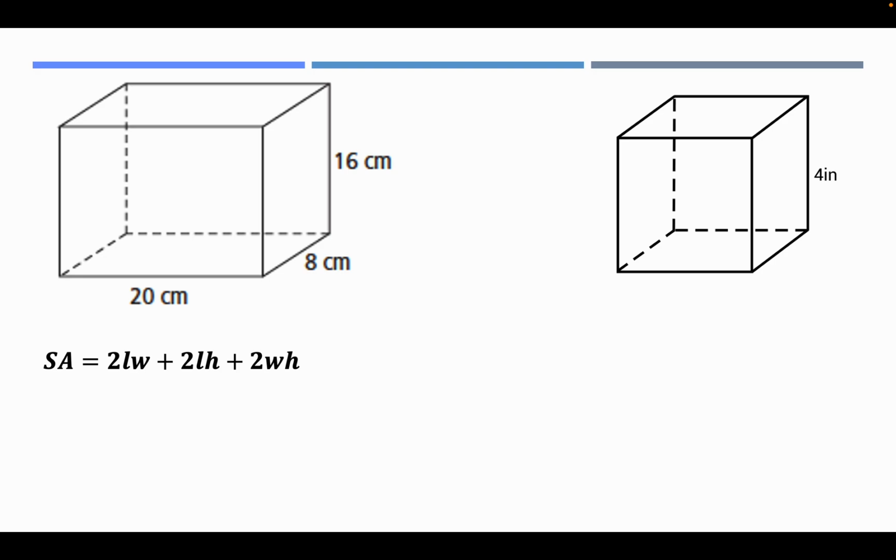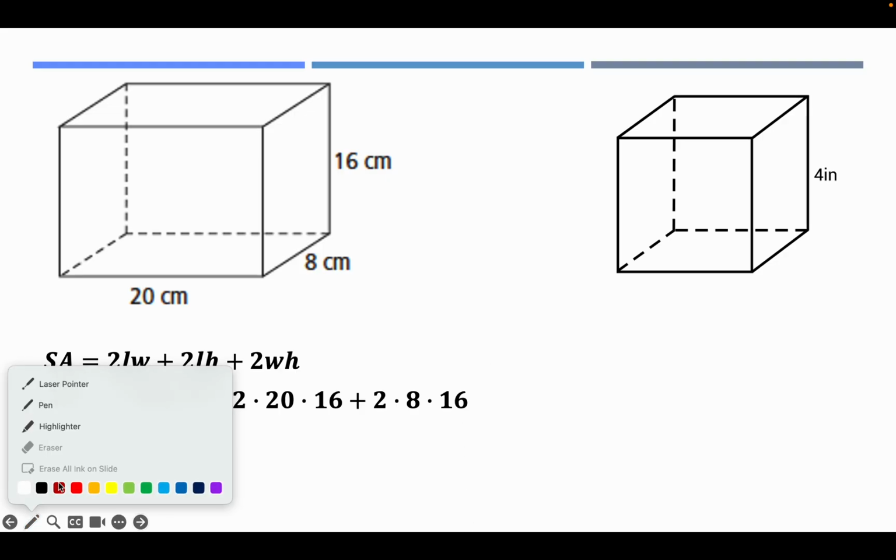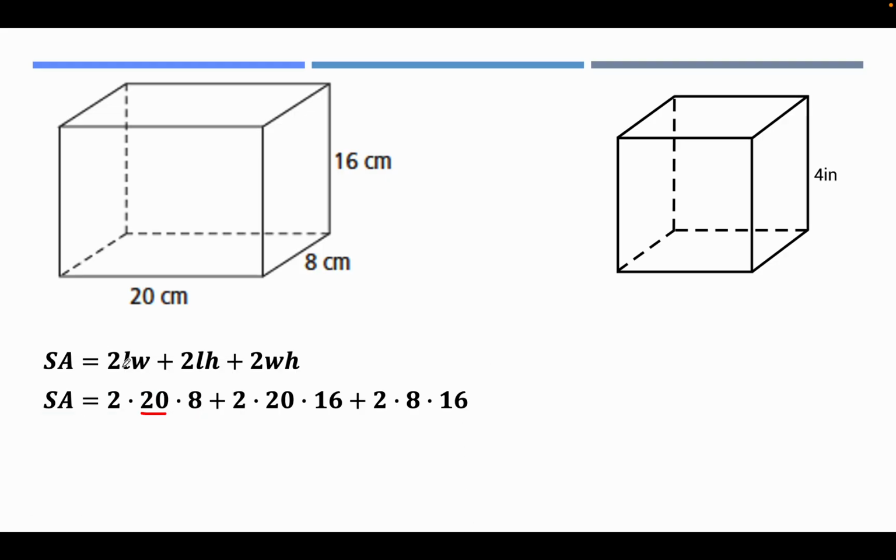For the rectangular prism, we would identify the length as 20, the width as 8, and the height as 16. So plugging those in where they fit, length is 20, height is 16, width is 8, and height is 16.